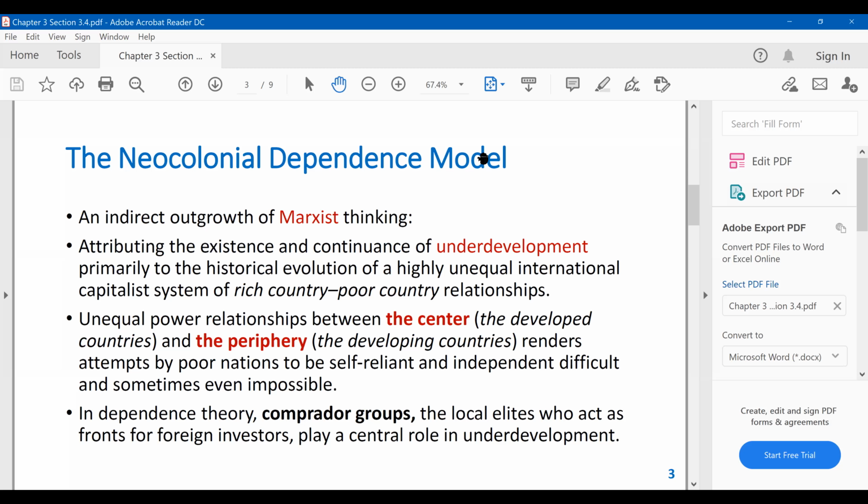Now, this neocolonial dependence model, as I said before I started recording, is closely related with Marxist thinking. These theories understand underdevelopment as a result of the international capitalist accumulation system.